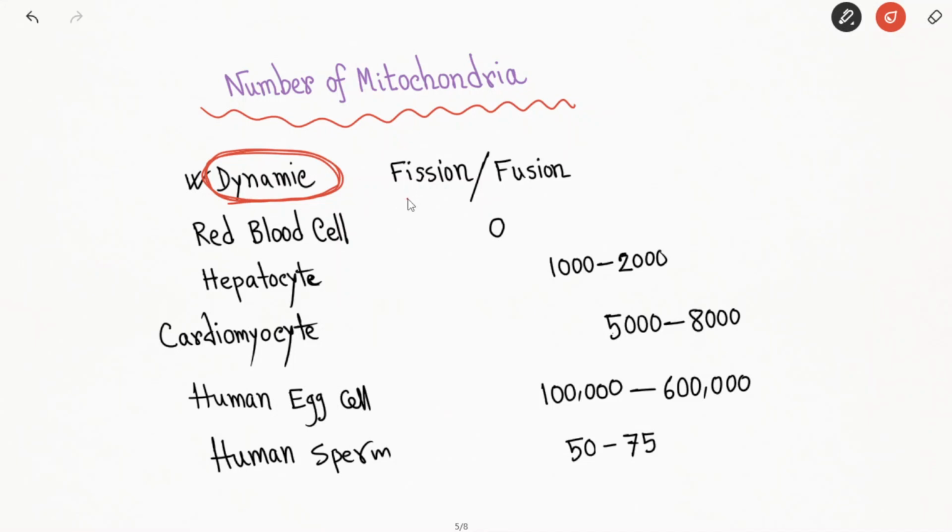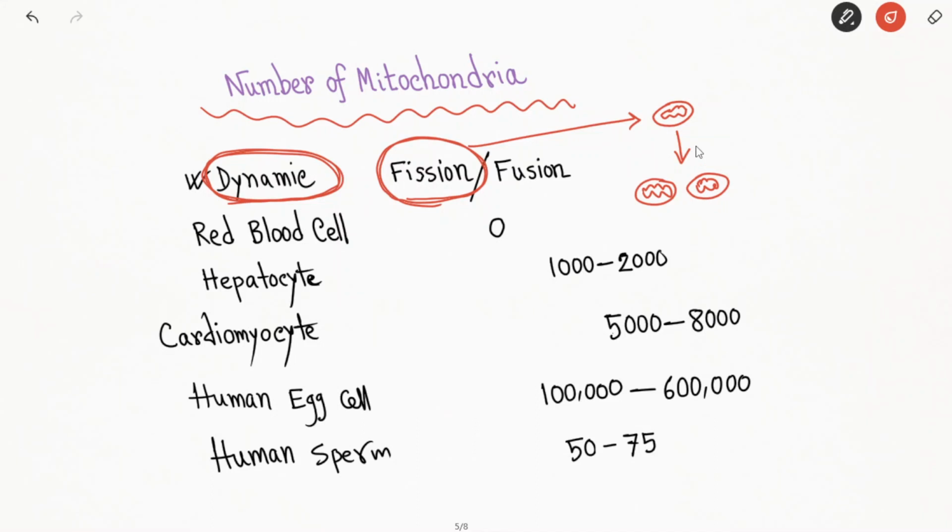This is a simple process called fission. Through this process, one mitochondrion can simply be divided into two, like bacteria, and then from two to four, like binary fission.